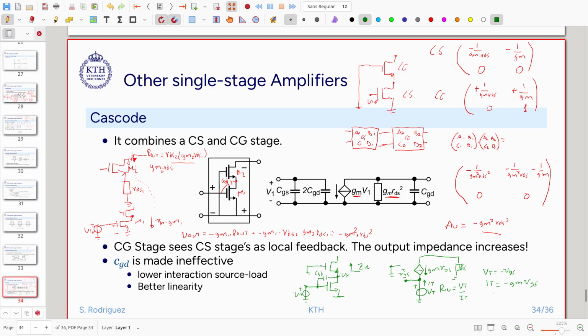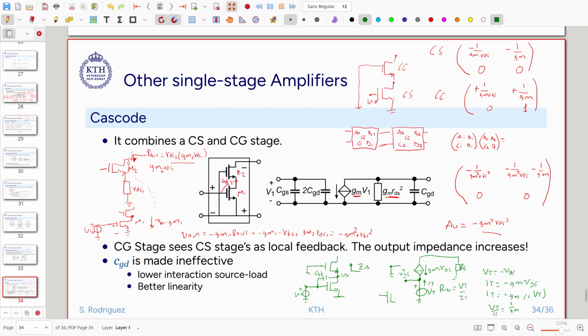Then I can just replace, so that will be IT minus gm minus VGS, plus, oh sorry, that will be VT minus VT here, change this, and VT divided by IT will be equal to 1 over gm. Okay, so this is a very important result.